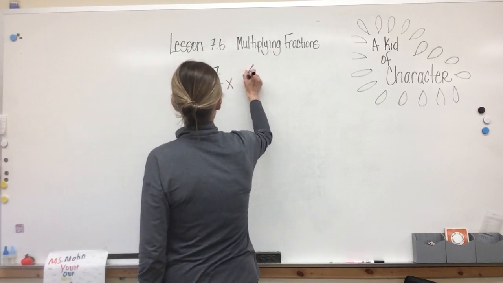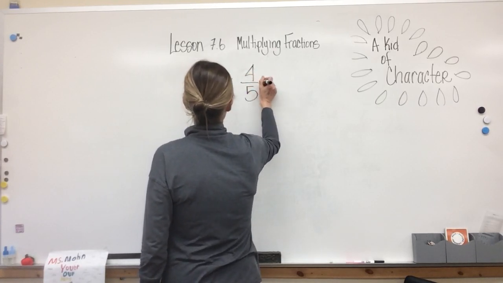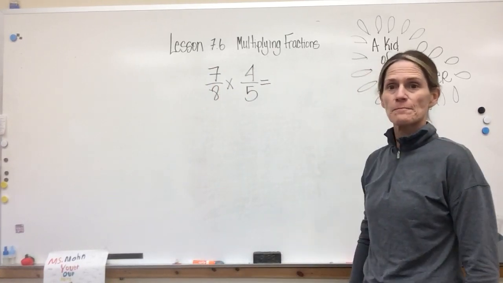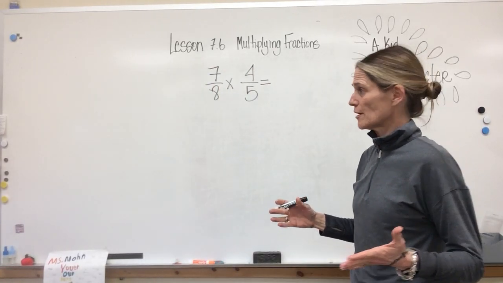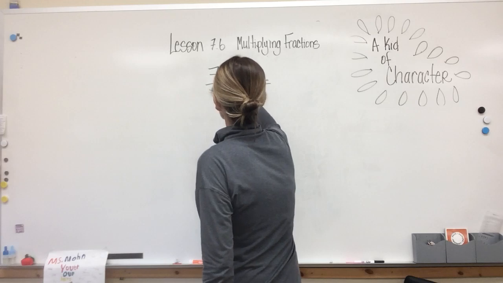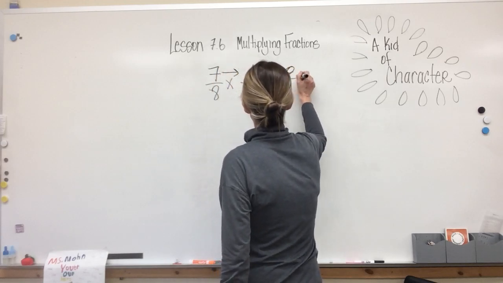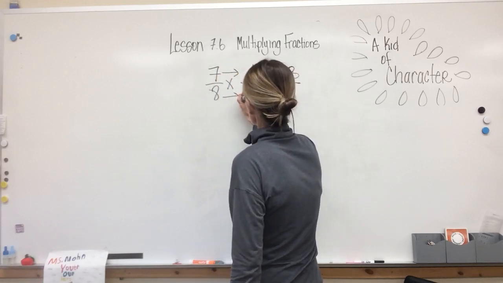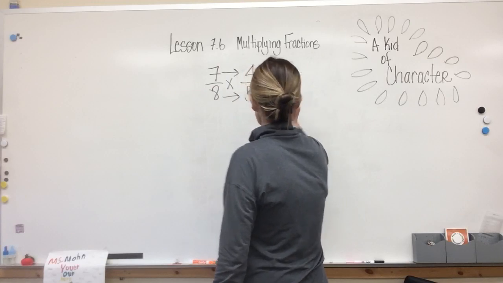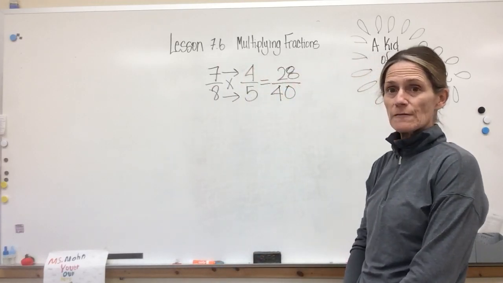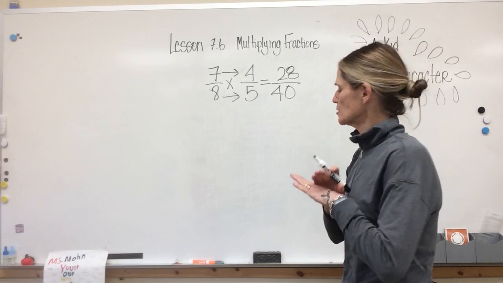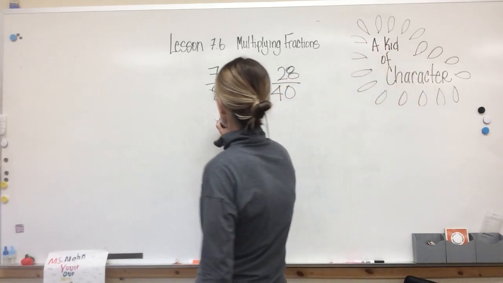Multiply straight across. 28. Multiply straight across. 40. 28/40. It's my first answer, probably not my final answer.